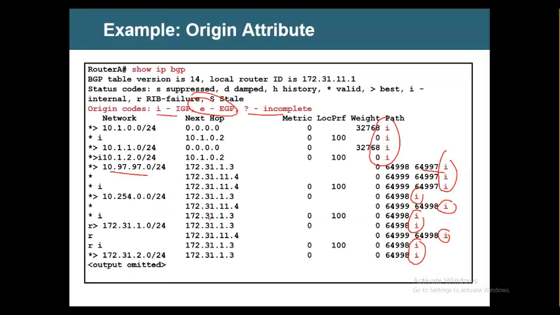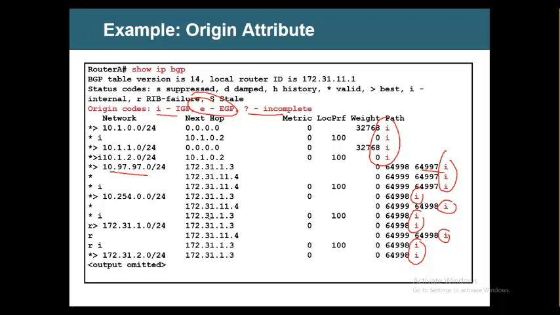Right, so this is the output we always use. This is a command we always use to see the attributes that are attached and advertised along with the prefixes to us. To router A, all these networks are advertised with all these attributes. You can see the next hop attribute, you can see metric. This metric is nothing but MED, multi-exit discriminator, which is well known, not mandatory.